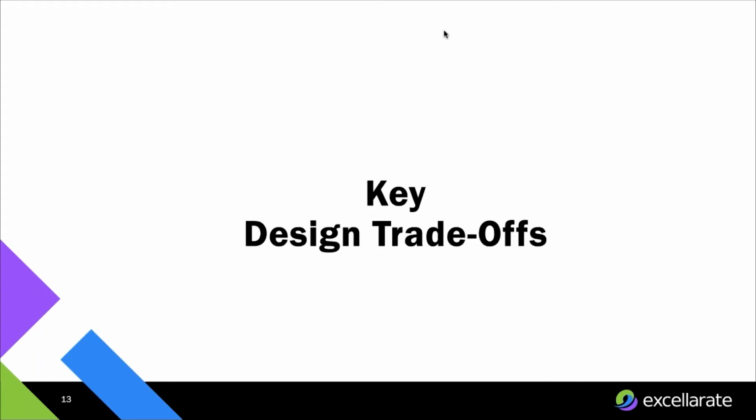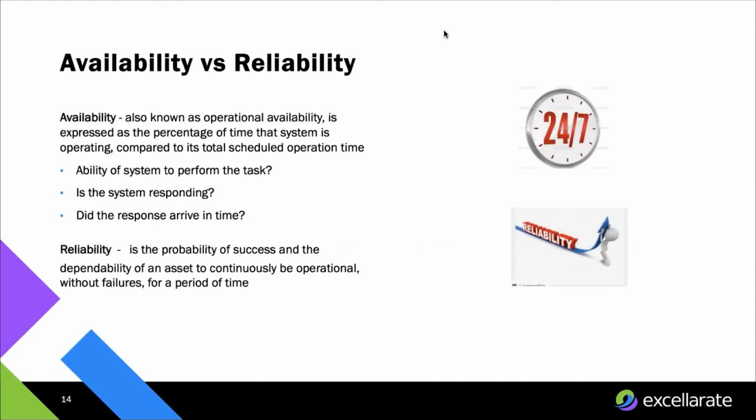So let's talk about key design trade-offs that help in building your applications and MVPs. So availability versus reliability. Availability is one of the key things that we should always look at and monitor. We should know how much the application is available when there's growing traffic.